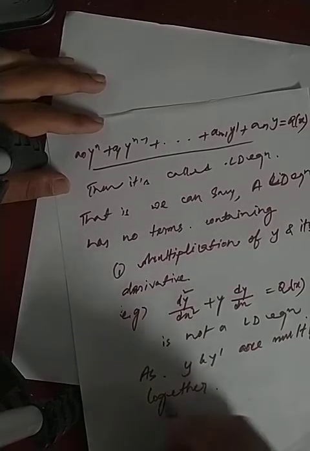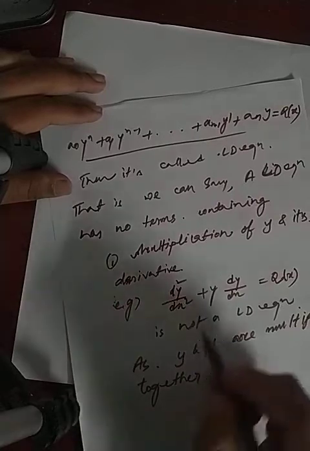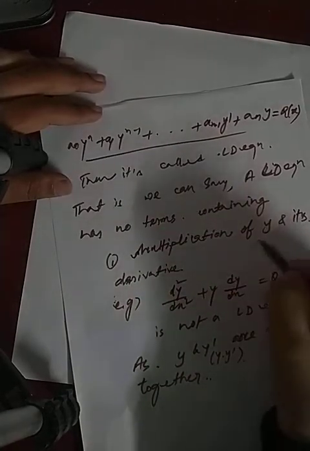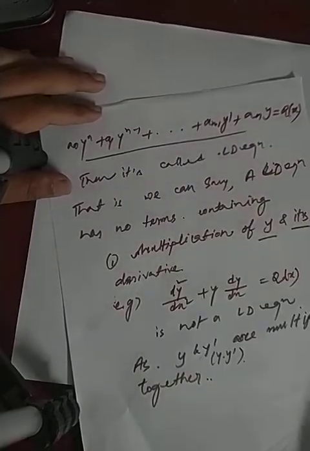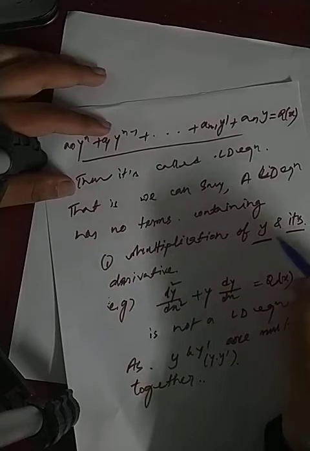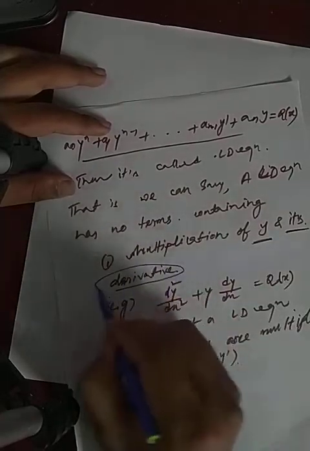So that's what is important, because y times y dash cannot exist. Y and its derivative multiplied together cannot exist.